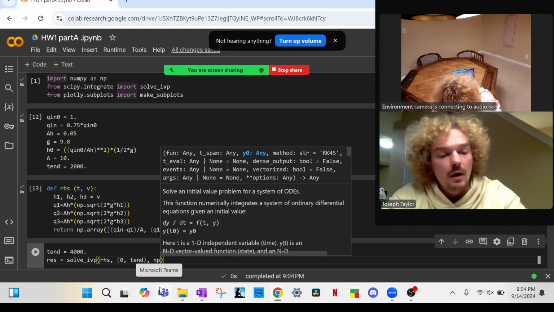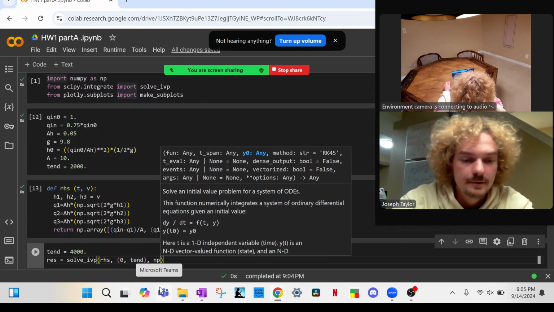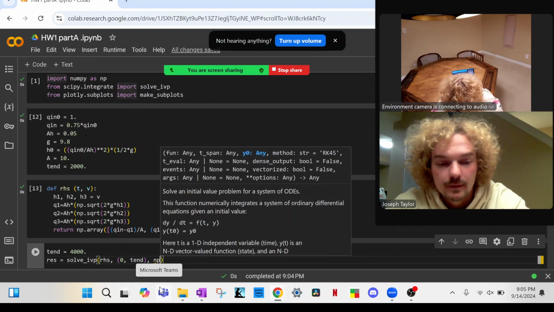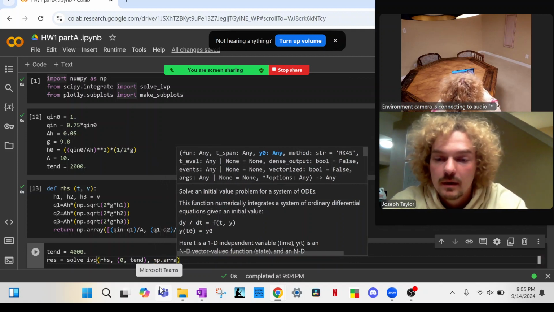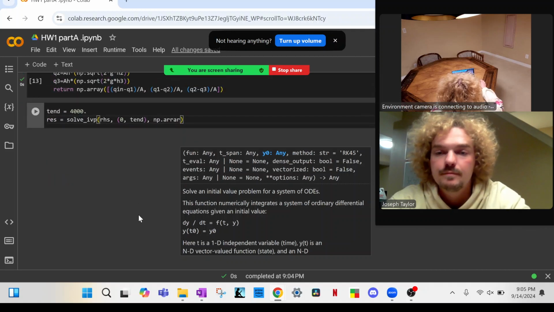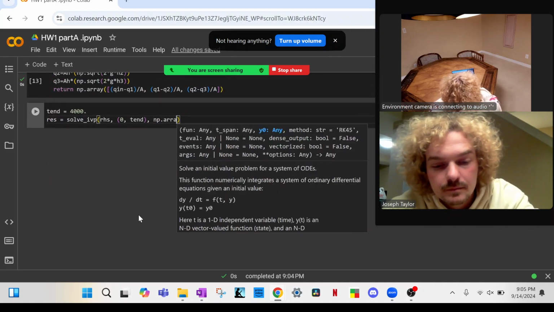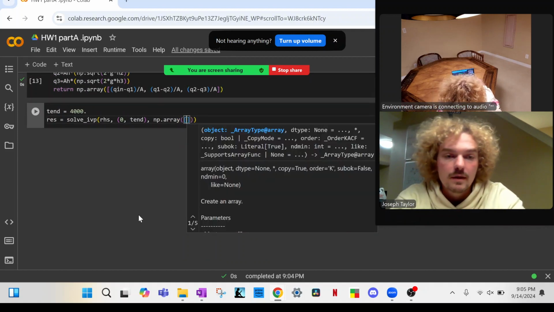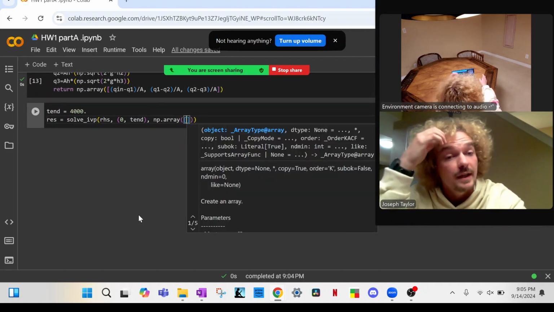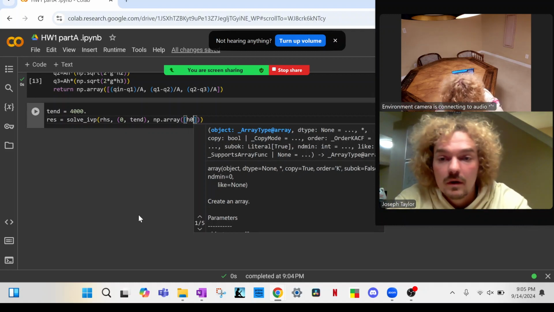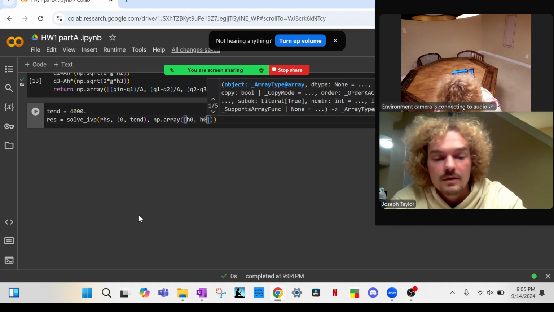And then we're going to do an array and np.array. And then since these are all starting at an initial steady state, we're going to go ahead and just put those all as h naught.